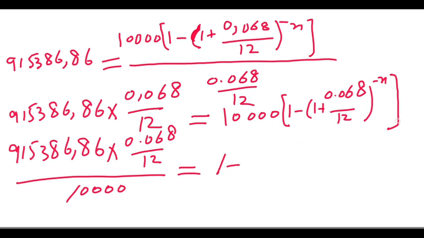1 minus (1 plus 0.068 over 12) power negative n. Now I'm going to further simplify because we need to solve for n here.